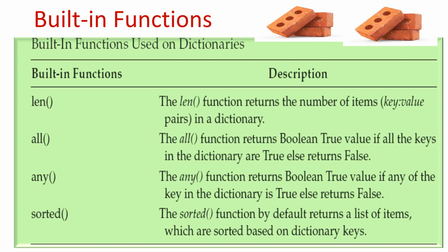The any function returns true if any of the keys in the dictionary is true, or else it will return false. And there is one more function which is called sorted. By default, the sorted function returns a list of items which are sorted based on dictionary keys.